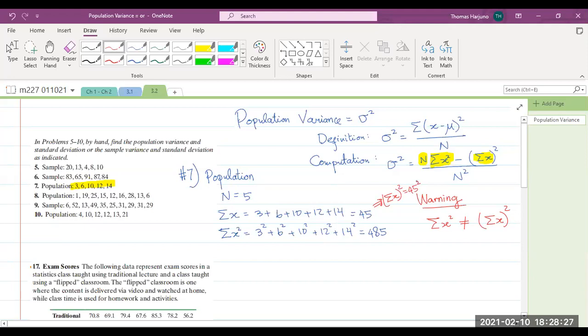It's different from the sum of X squared. It's a different order of operations. On the right-hand side, you add first and then you square it. On the left-hand side, you square each data first and then you add them.